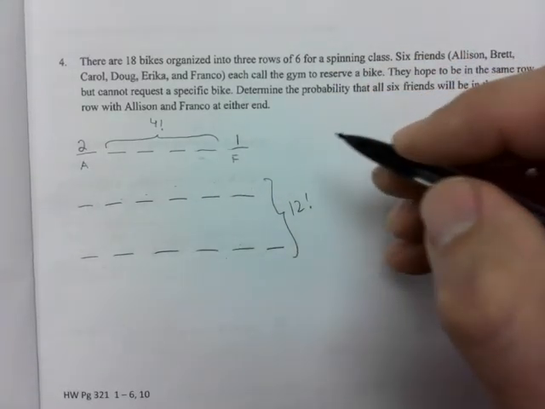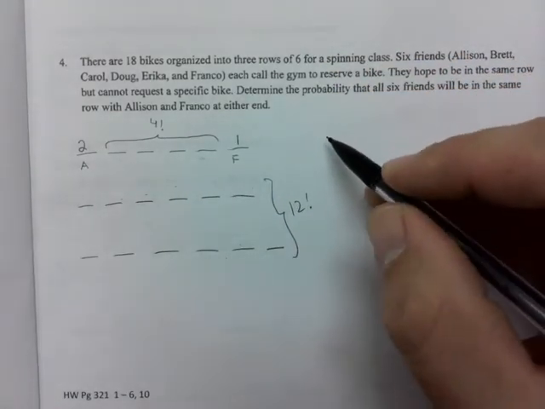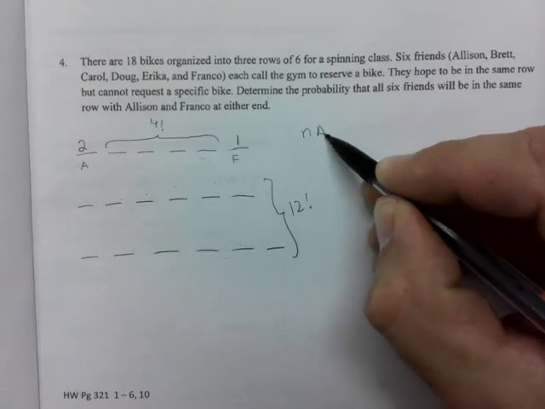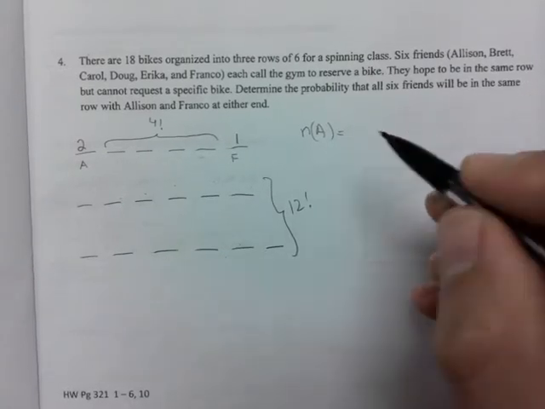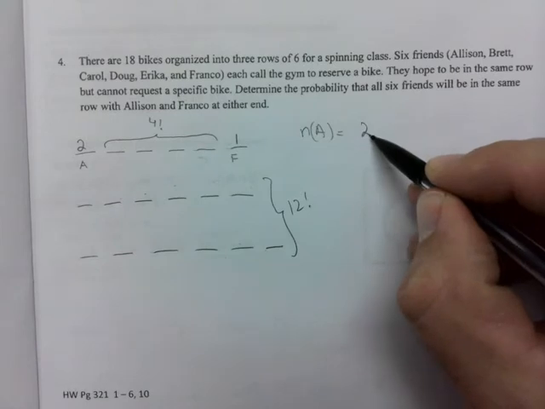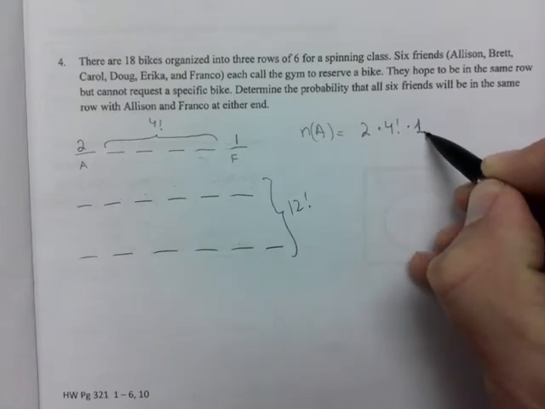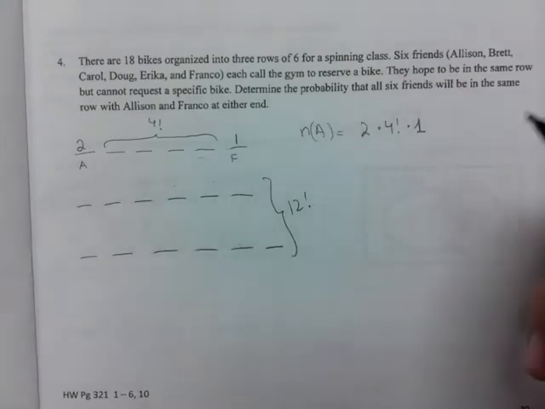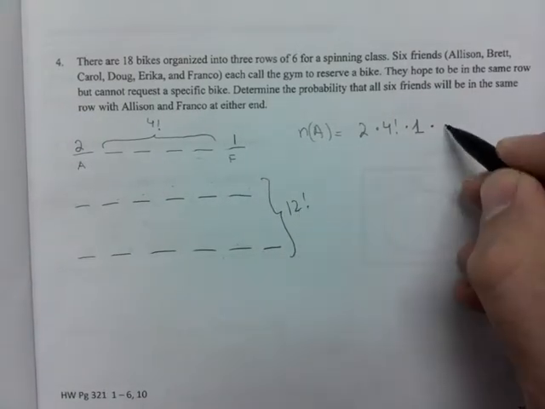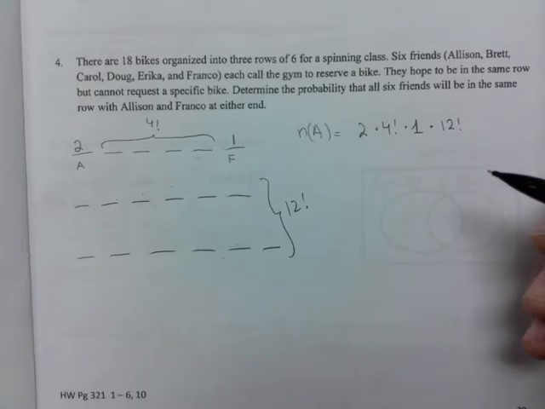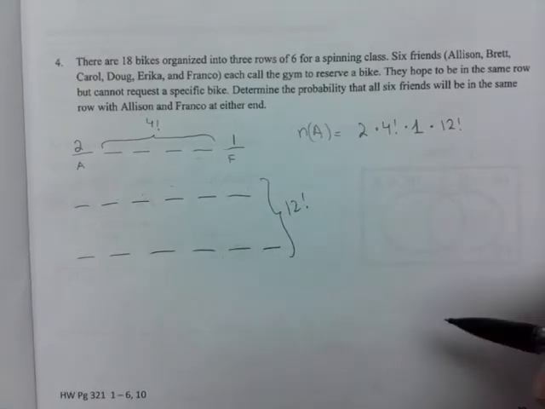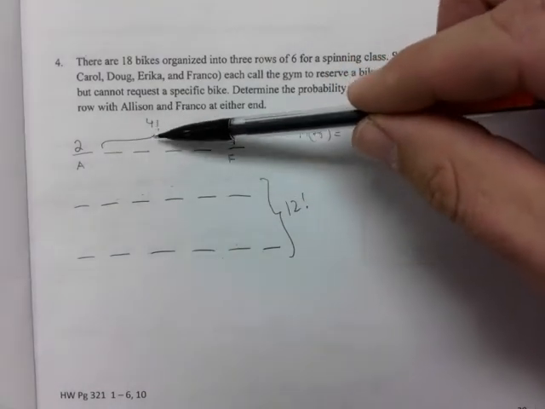So let's start setting up this is basically our NA. Our NA is saying, hey, it's 2 times 4 factorial times 1, times the 12 factorial out here, because they can all still change. But if you think about it, there are 3 rows.